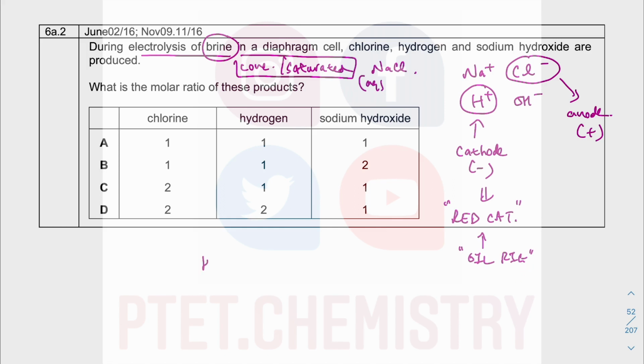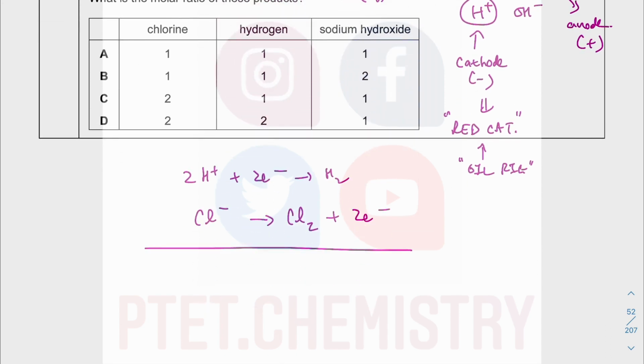So essentially what I have is H plus plus 2 electrons give me H2. The Cl minus gives me Cl2 plus 2 electrons. When I combine these two equations together, I will get 2H plus plus 2 Cl minus give me Cl2 plus H2. But that is my ionic equation.